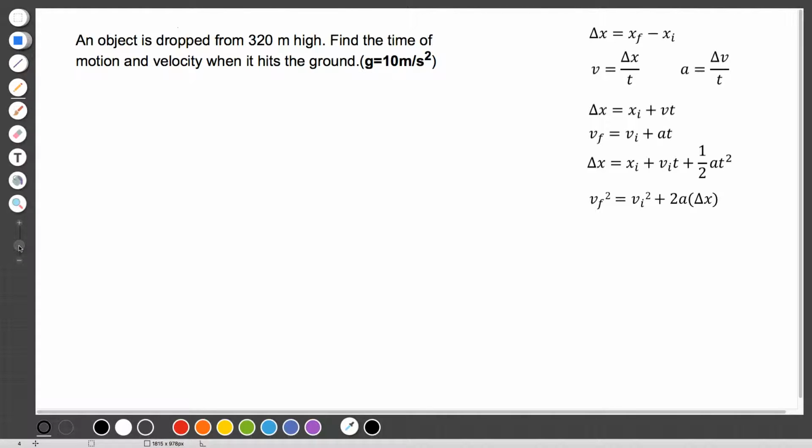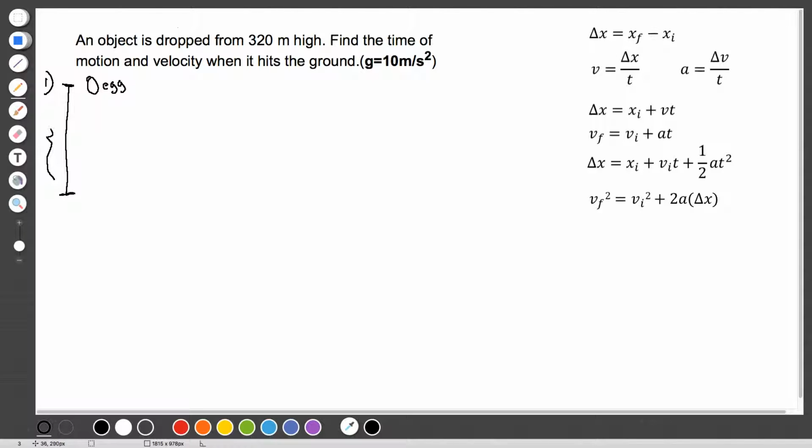So, I'm going to start with step one, which is draw a diagram. The problem says an object is dropped from 320 meters high. So, let's just say our object is an egg.